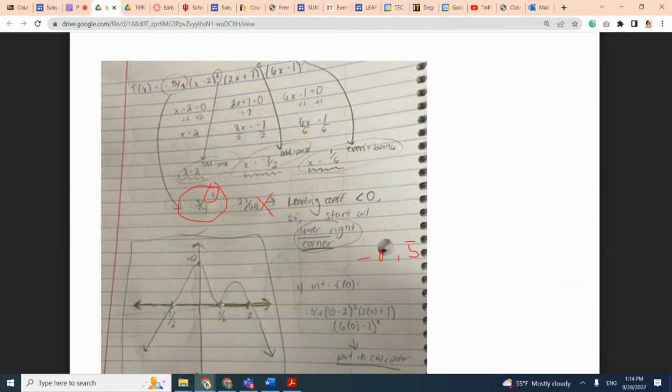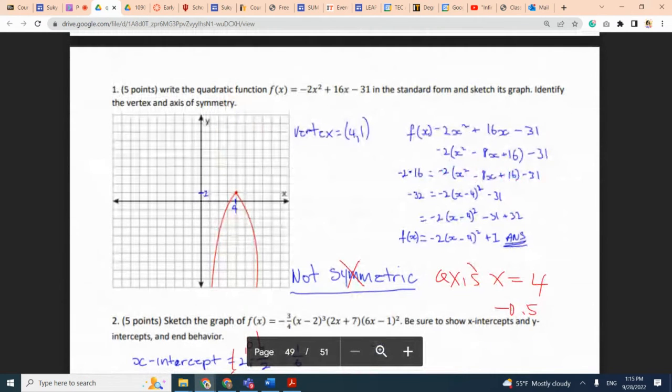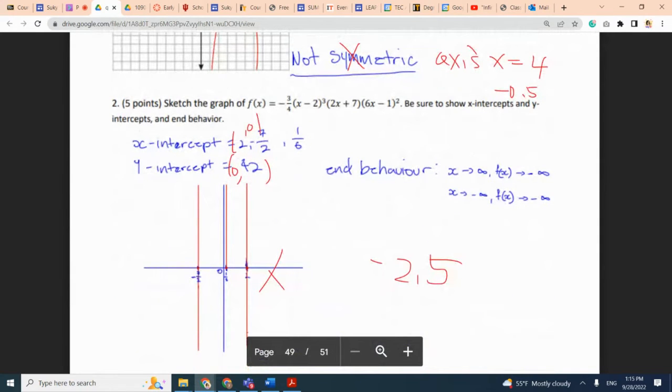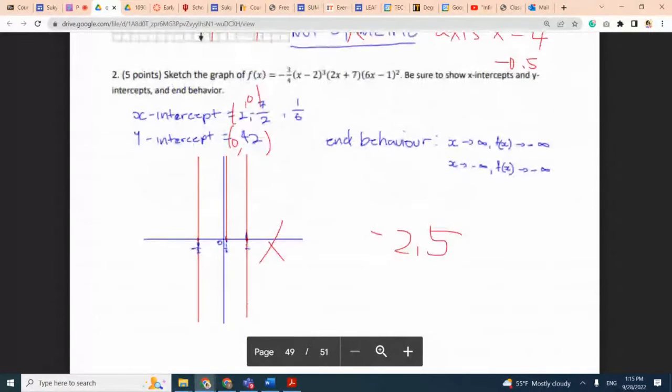The 6 right here. Okay. So yeah, write down what's the leading coefficients. Okay. And here, axis of symmetry, x equals 4. And they are points, not lines. So be careful. All right.